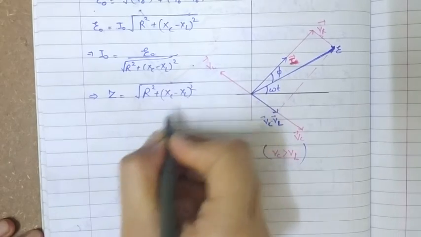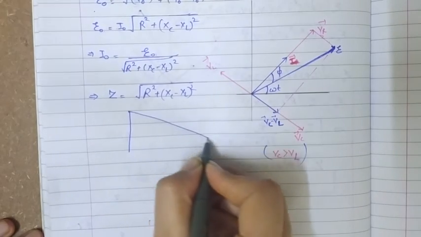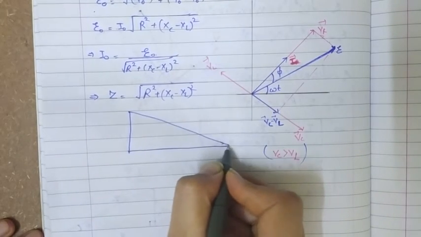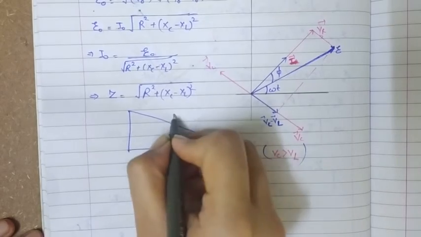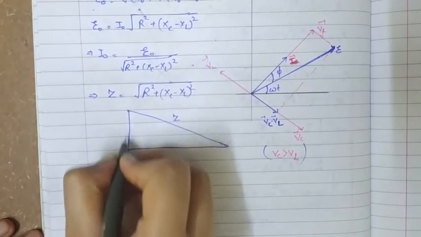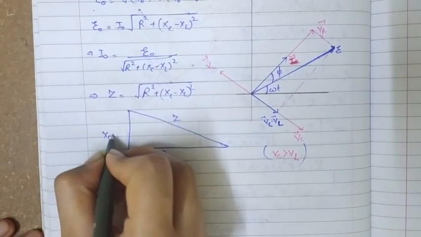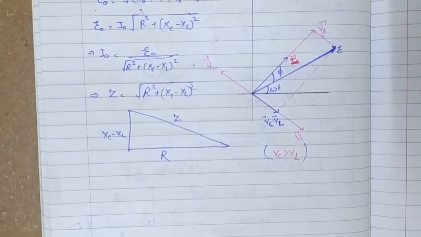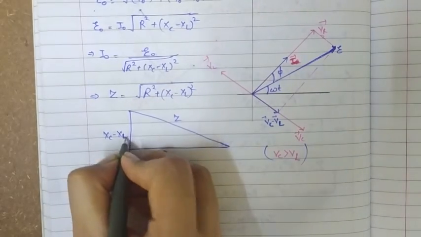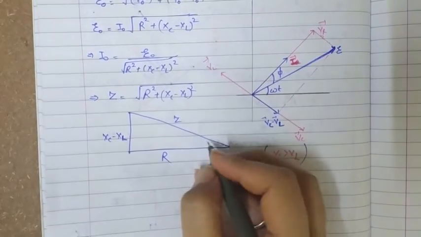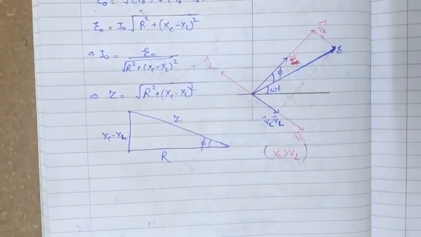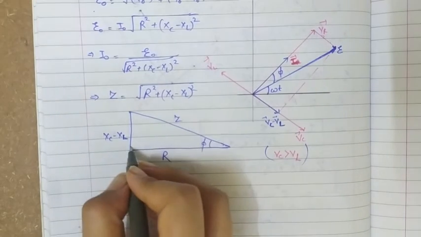So if we make an impedance triangle for it, it will be R, hypotenuse Z, and this length is XC minus XL. In case 1 it was XL minus XC, but here it is XC minus XL. Rest things are same. So this is the impedance triangle for this case.